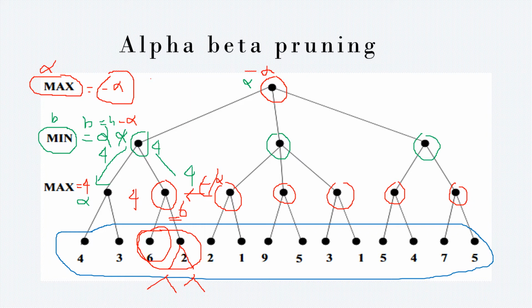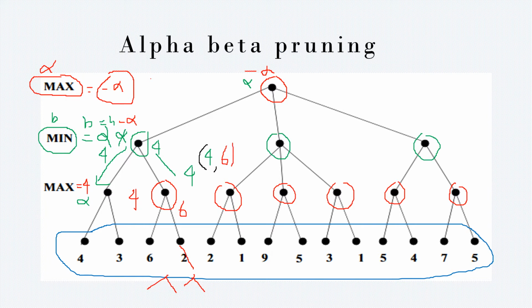Now we have to understand why this node has been pruned. First of all I will erase all these circles. At this node we have got 6, so here the value of beta was equal to 4, and the value of alpha we have got is equal to 6.